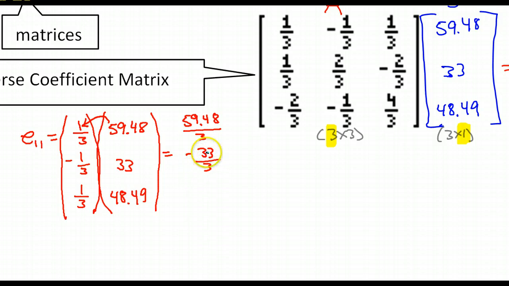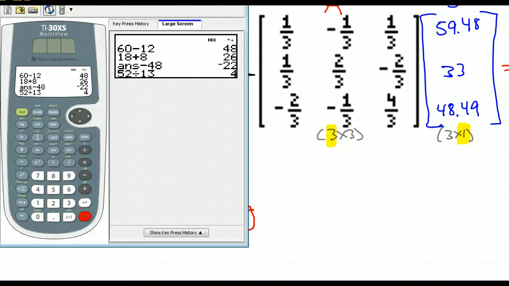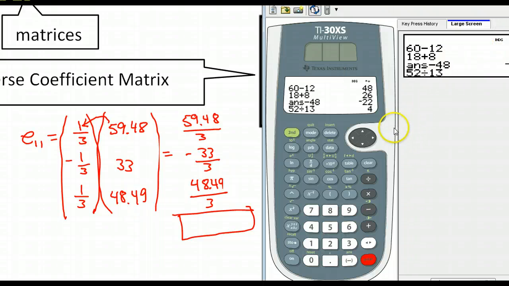Obviously that's negative 11 if you're smooth like that. And then this one is going to be 48.49 over 3. Remember, to get that final result, I need to add these up. I recommend the TI-30XS MultiView.